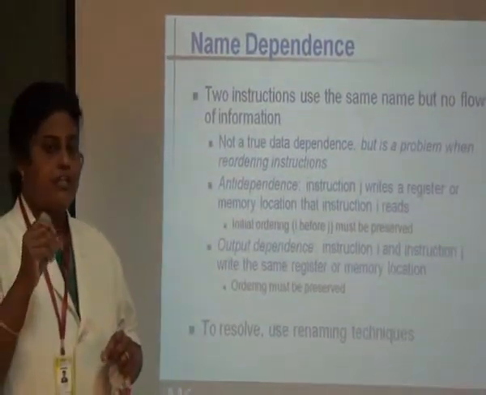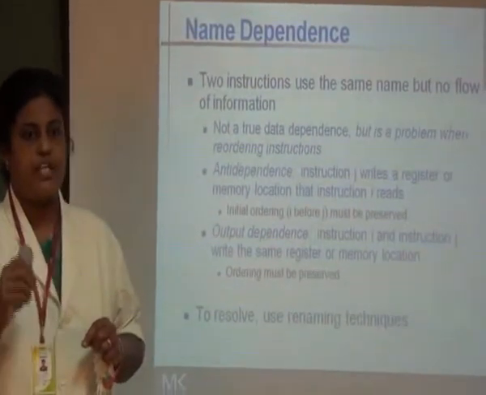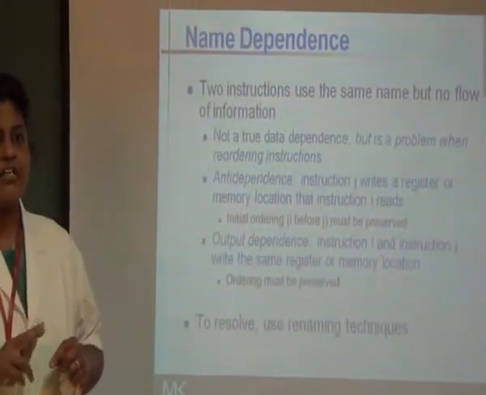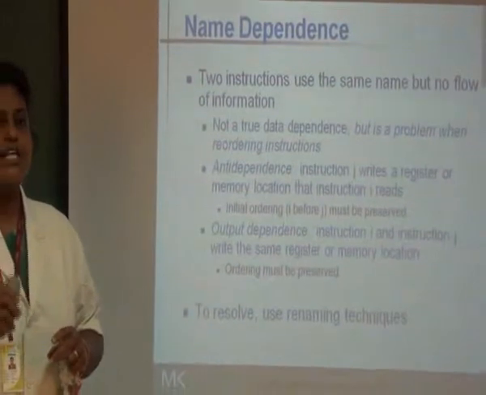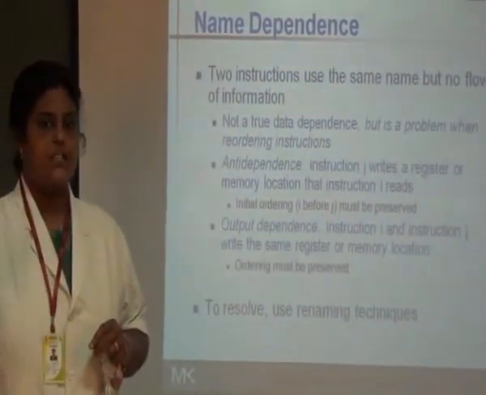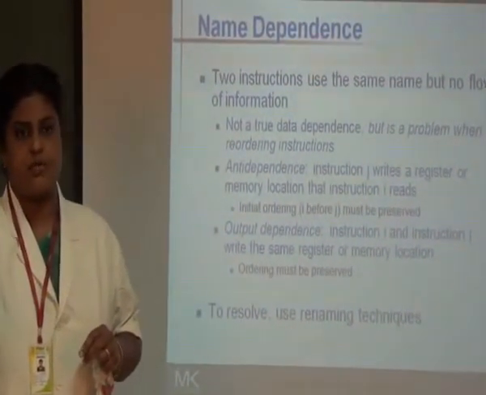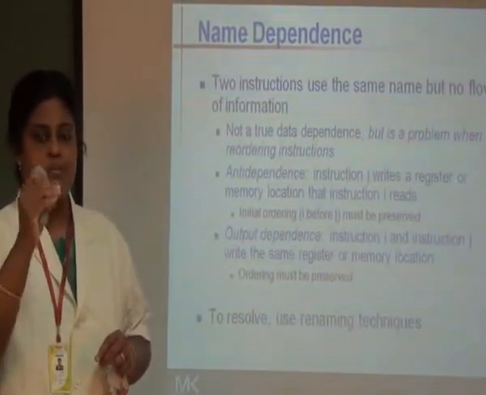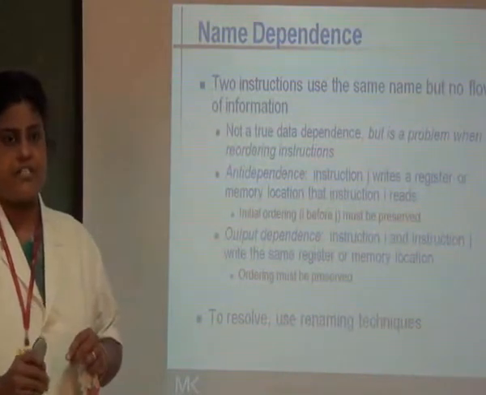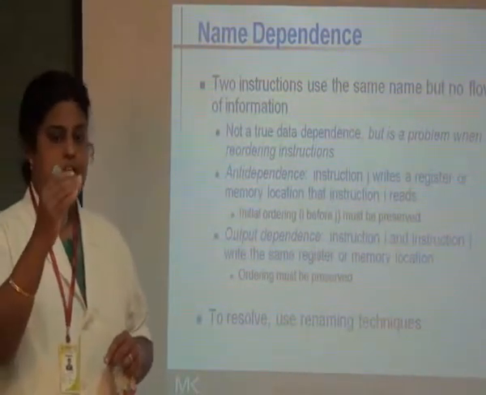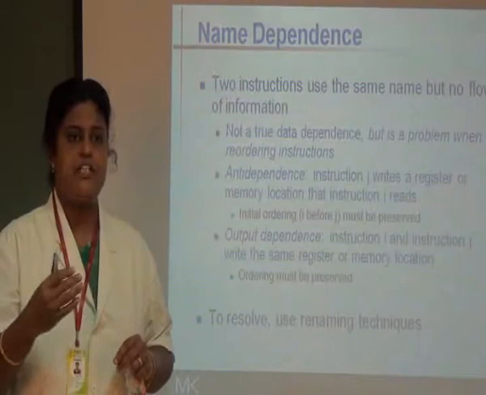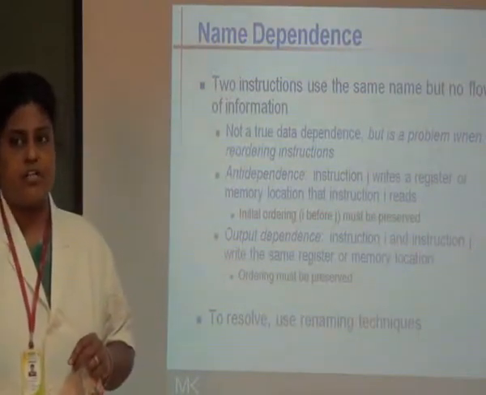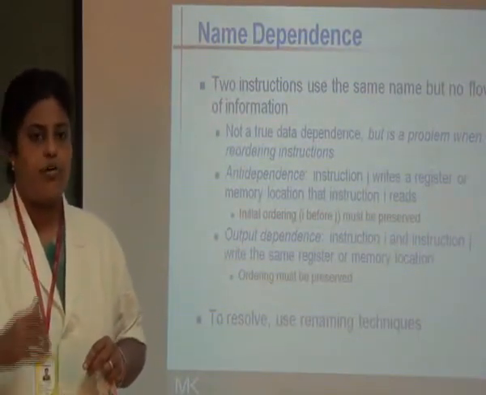In the case of execution of instructions, we have two different types of execution. One is in order execution and the other is called out of order execution. What is in order execution? The program consists of a sequence of instructions, and if all the instructions are executed one after the other, we call it in order execution. What is out of order execution?